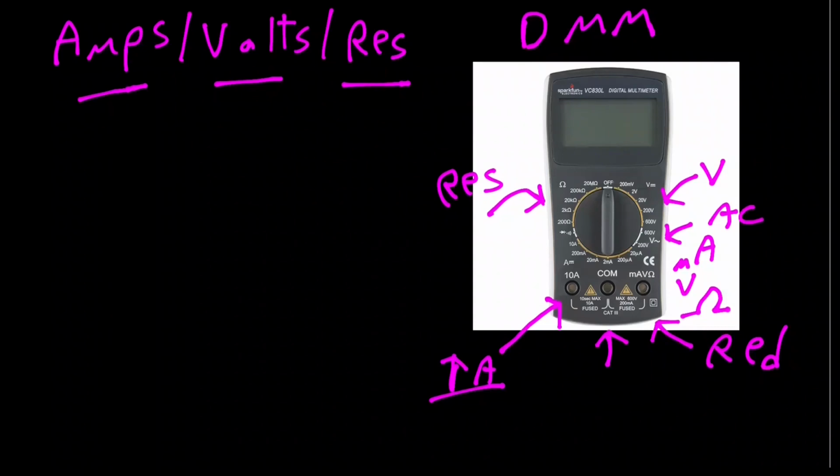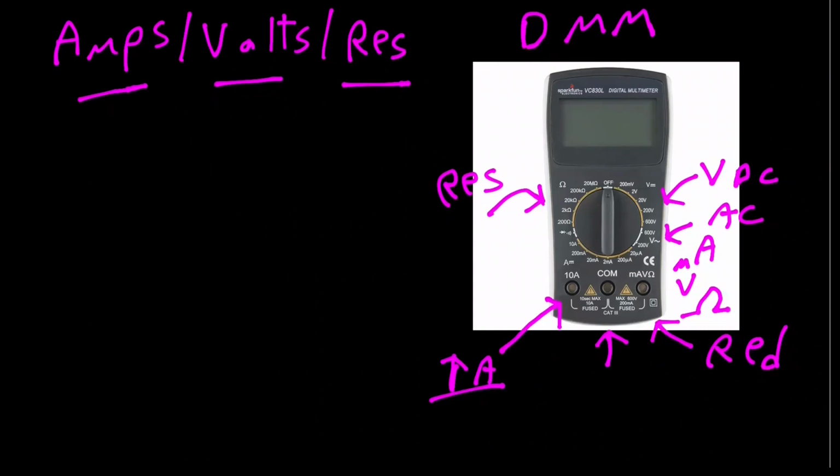So you can measure alternating current, and this is volts DC. So you need to have the selector on the appropriate setting. Some digital multimeters are auto-ranging, meaning you don't have to switch from 200 ohms to 20 kilo ohms to 2 mega ohms. It'll just do it for you. But you do have to switch between the different items you want to measure.